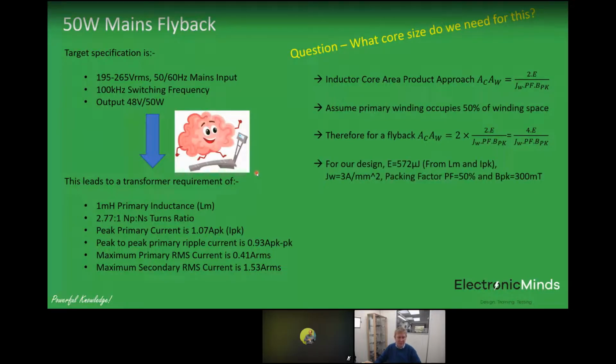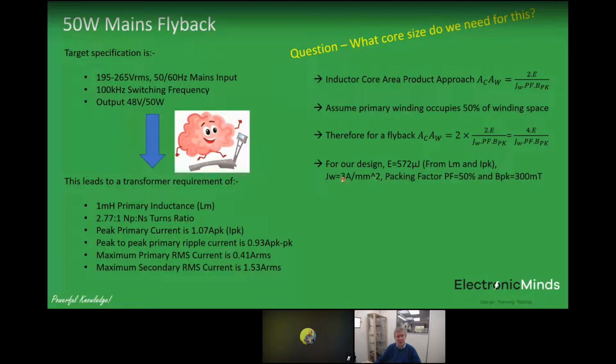Now, for our design, remember from the output here, we need 1 millihenry primary inductance, and the peak primary current is 1.07 amps. If you work out a half Li squared based on those two figures, the transformer magnetizing inductance is required to store 572 microjoules. It's a tiny amount of energy, but we can work out what it is, and that's our E figure to put in this equation.